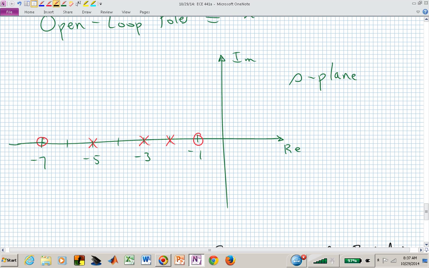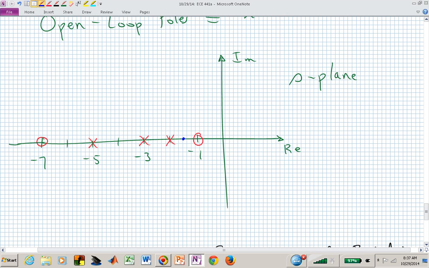Now I step over and I go to maybe -1.5. And I'm now at -1.5, right there, and I say, I'm looking to my right. Better do this with you, or I'll get confused. And now I look and I say, do I see poles and zeros to my right?